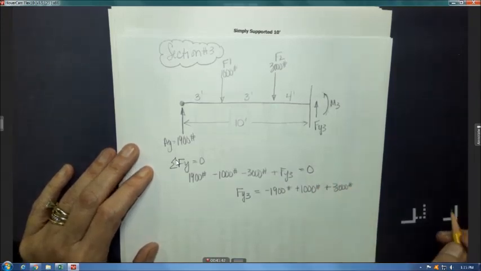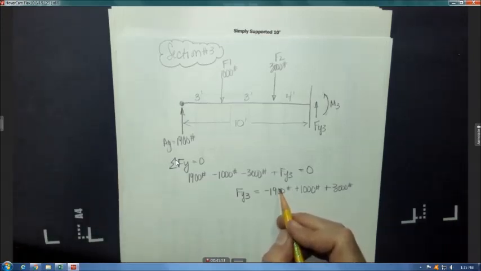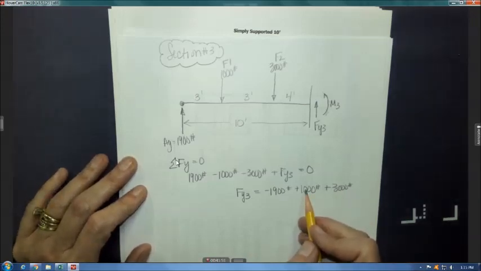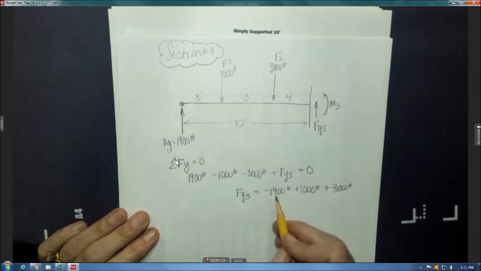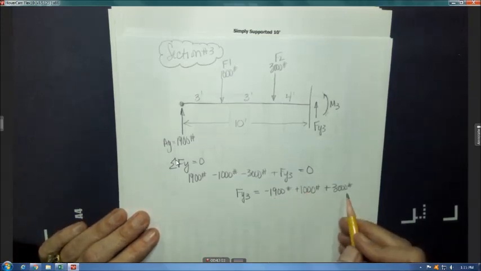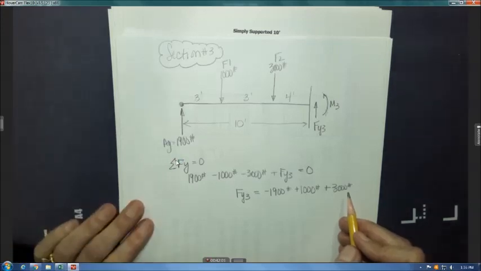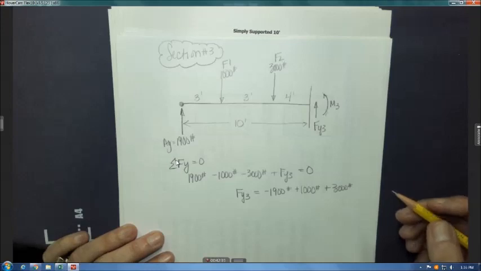Okay? Now, to avoid the negative before the 1,900, when I put this in, I can add this in any order. So I would start with one of the positives. So do like the 1,000 minus the 1,900 plus the 3,000. You could put the negative in front if you wanted to. I like to start and make them positive. It's just one less thing to maybe ball things up.